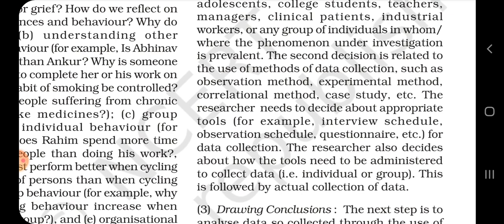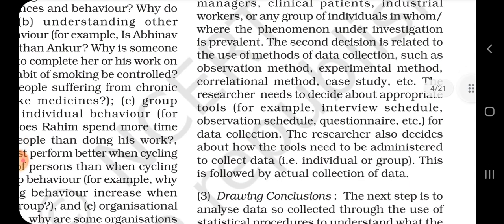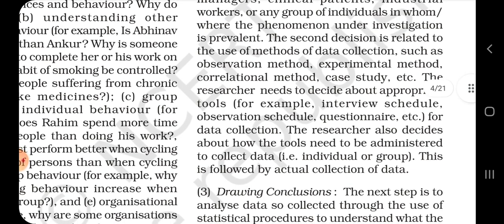The researcher also decides about how the tools need to be administered to collect data, that is, to an individual or a group. Researcher needs to know where the tool has to be applied, whether to an individual or to a group. This is followed by actual collection of data.